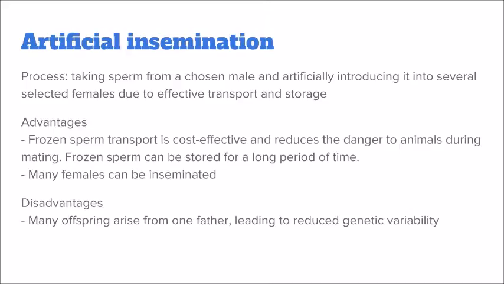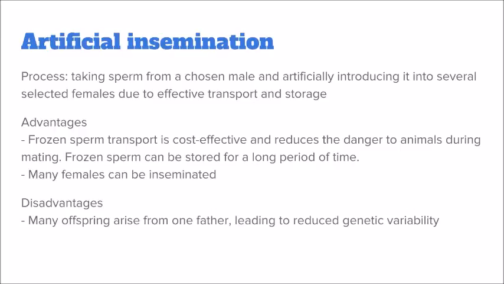So an advantage is that frozen sperm, to transport it, is cost effective as opposed to transporting the organism which you want to breed. And it reduces the danger to animals that might occur during mating, so that they don't actually go through the physical process in artificial insemination. And frozen sperm can be stored for a long period of time.